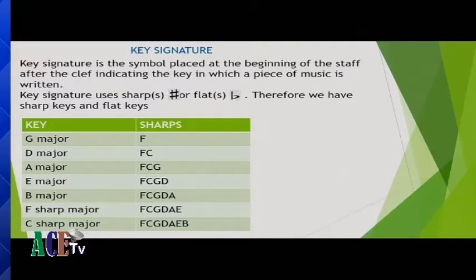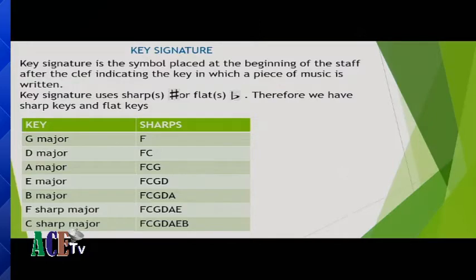So now we have two symbols we use for describing our key signature. The first one is known as the sharp. The symbol for the sharp looks like a ladder. You can see at the front of your note, you have your sharp. While the next one is known as the flat.